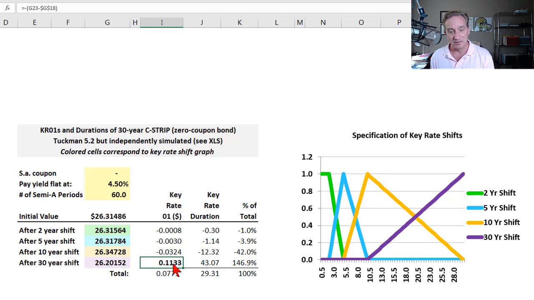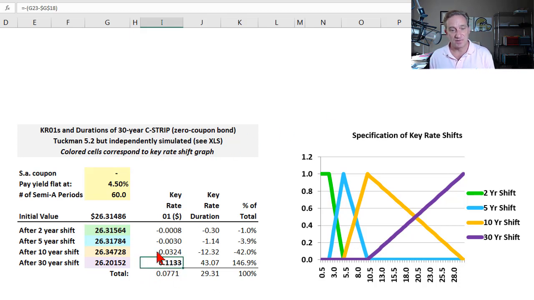It's a positive value, and it's saying that if we shock the key rate up positively by 1 basis point, then we get a decline in the price of the bond of about 11 cents. The other negatives are probably less intuitive. Tuckman has to go into a technical digression on that, and I won't do that here.